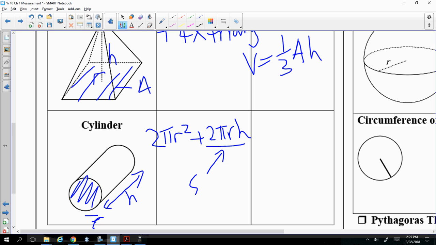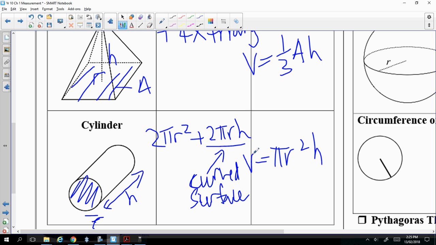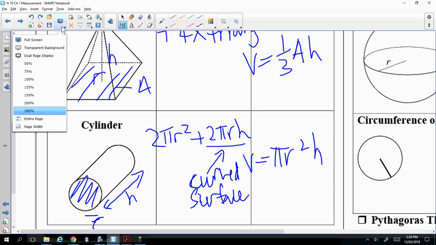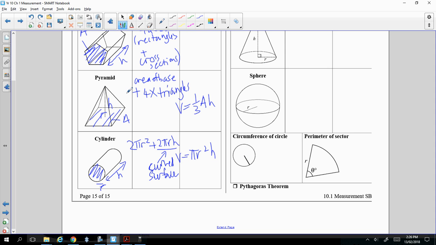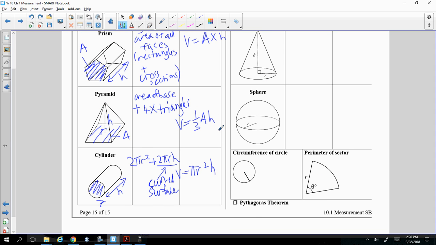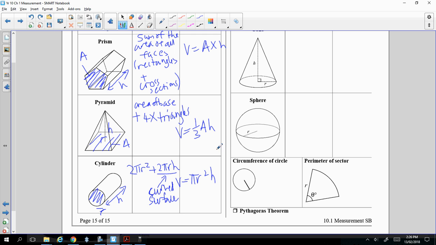And the volume is just pi r squared h. Okay, good, done.